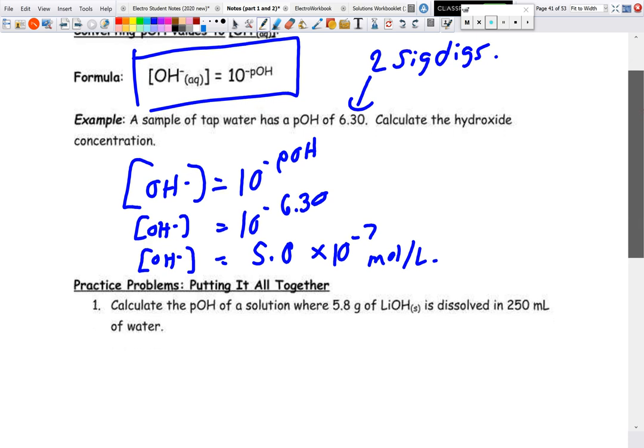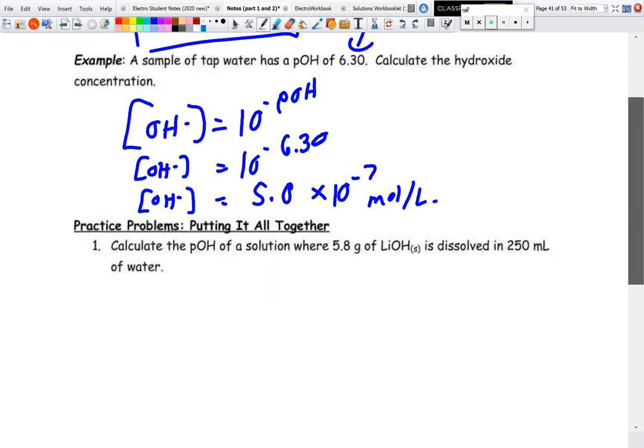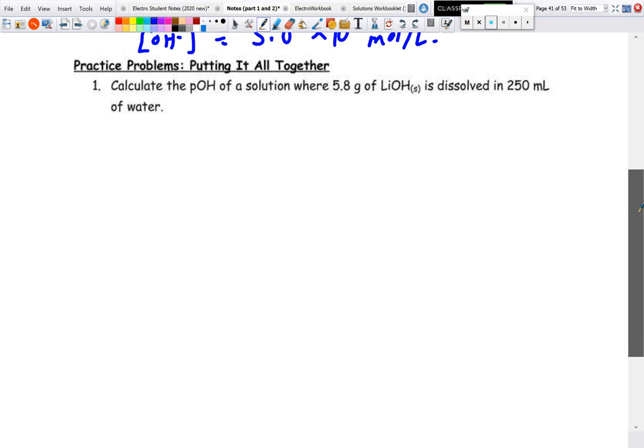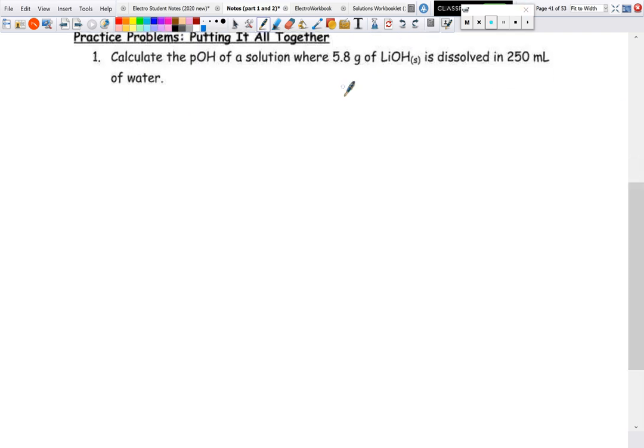So for example, our first problem right here, and this is putting everything that we've learned together, says calculate the pOH of a solution that has 5.8 grams of lithium hydroxide dissolved in 250 milliliters of water. So just remember, in order to get pOH, we use that formula, so it's a negative log concentration of hydroxide.